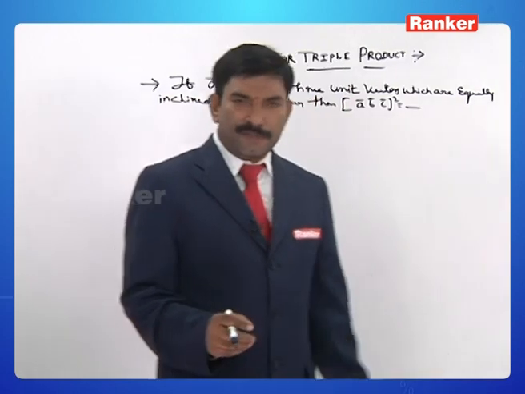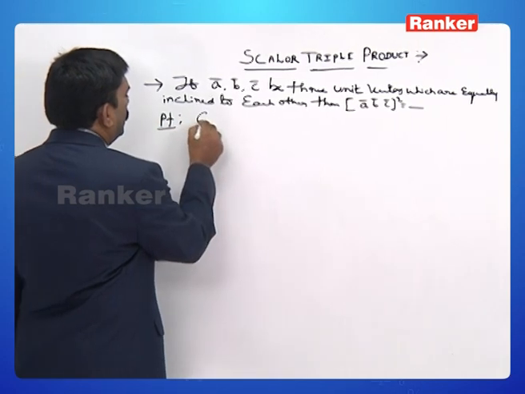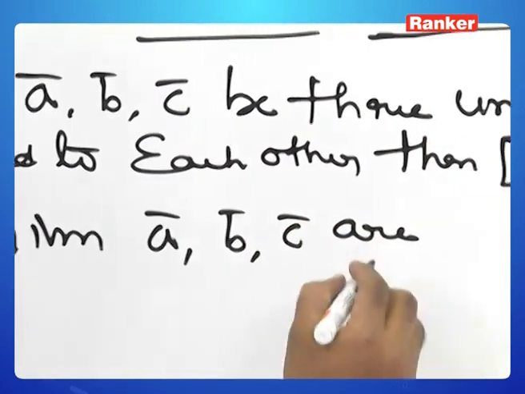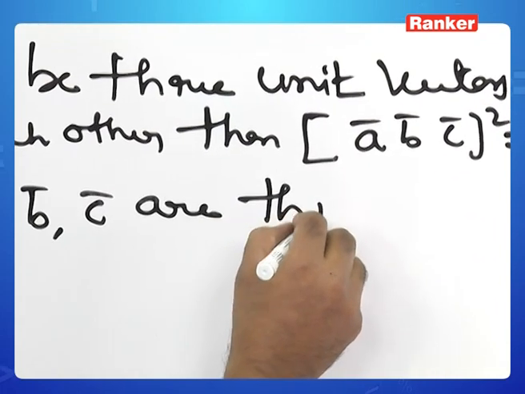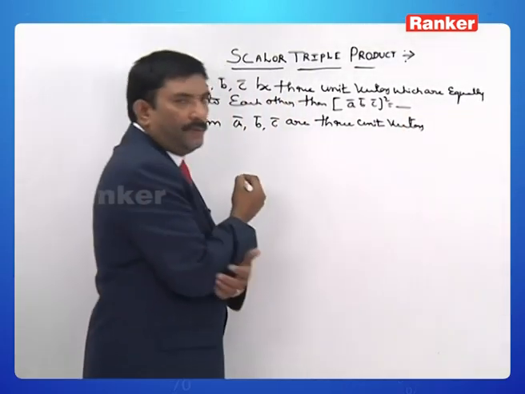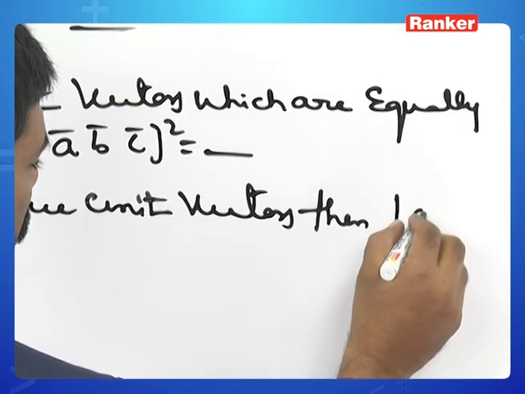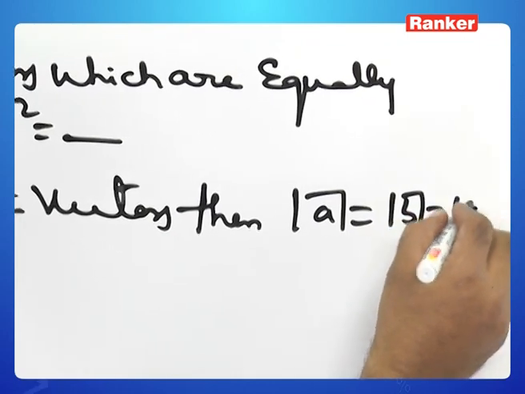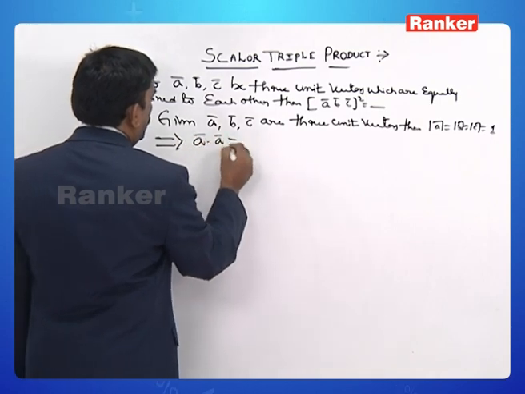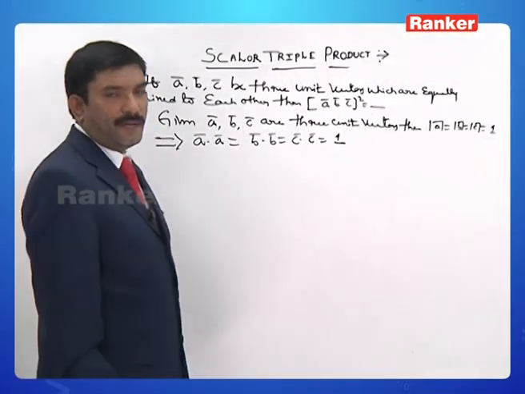It's an extension of that concept. Given A bar, B bar, C bar are three unit vectors, then mod A is equal to mod B is equal to mod C is equal to 1, which implies A dot A, B dot B, C dot C are each equal to 1.